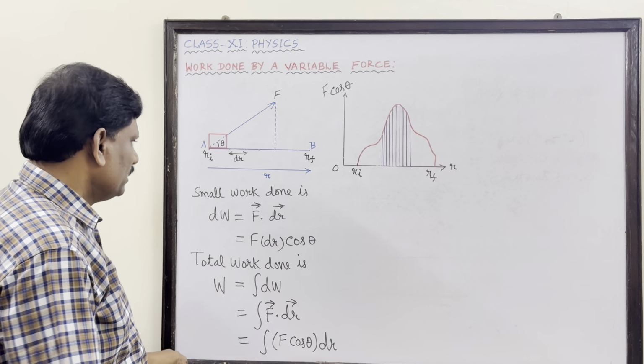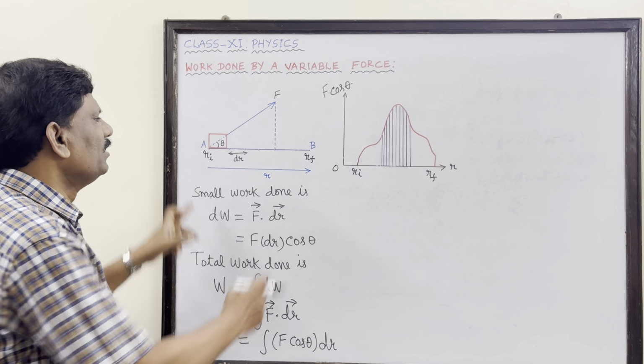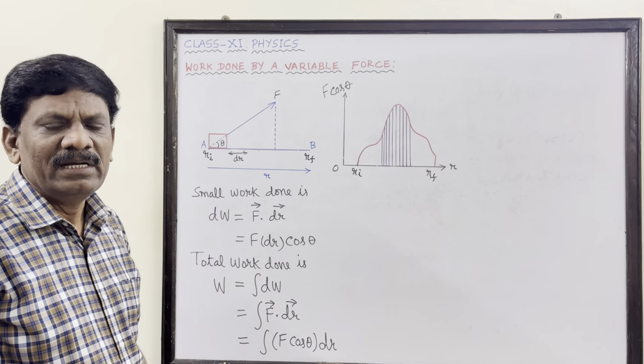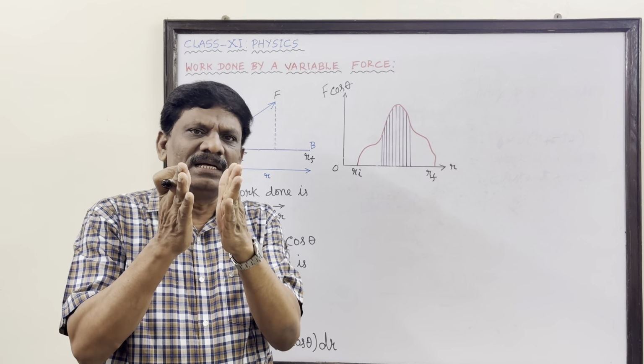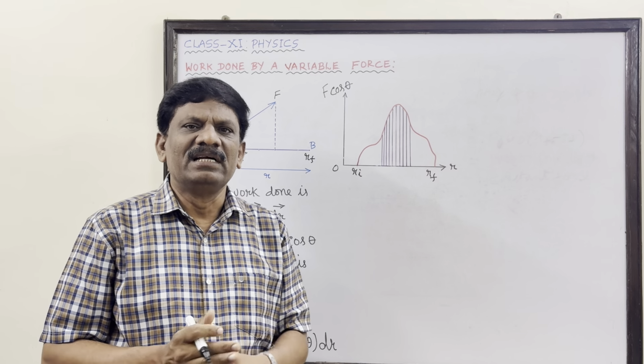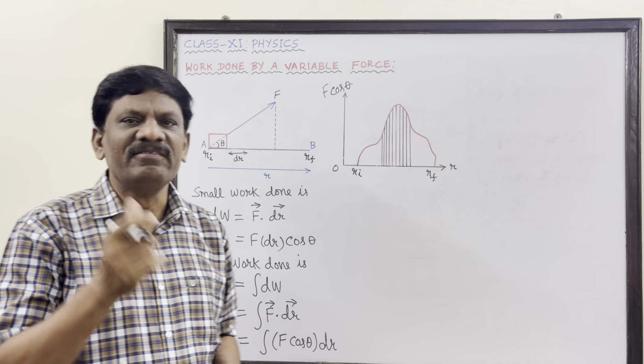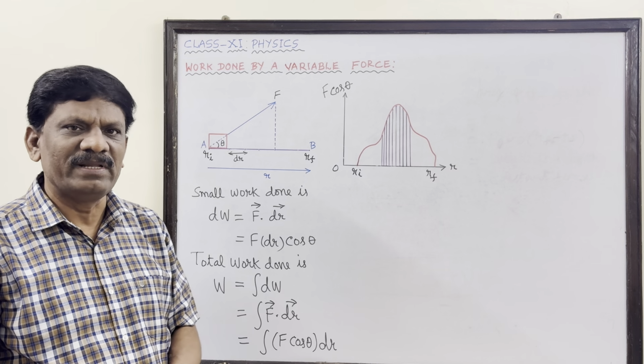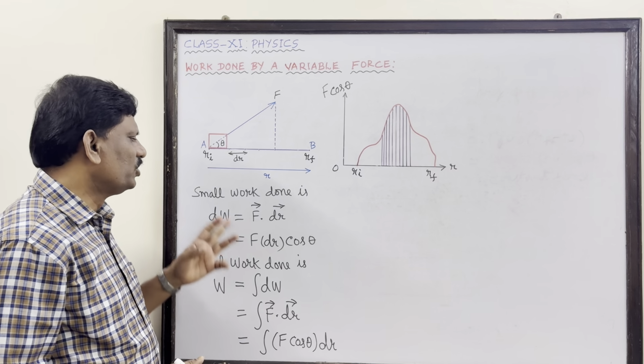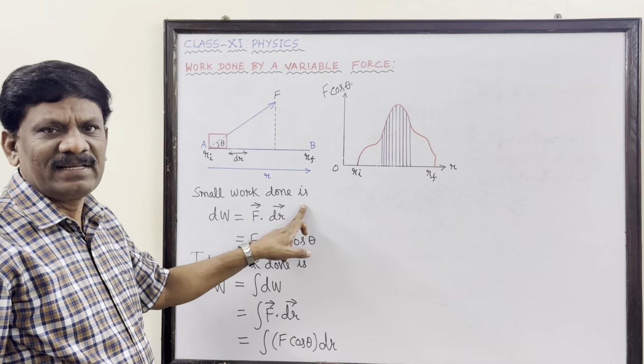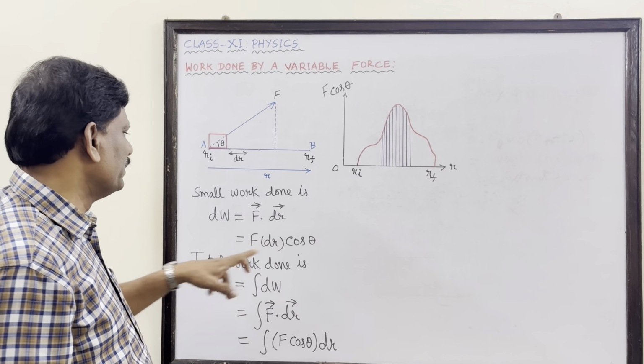Now, in this case, in between the two points A and B, let us choose a very small separation distance dr, that is called an infinitesimally small displacement. So as usual, that small work done is given as a dot product of force and displacement.